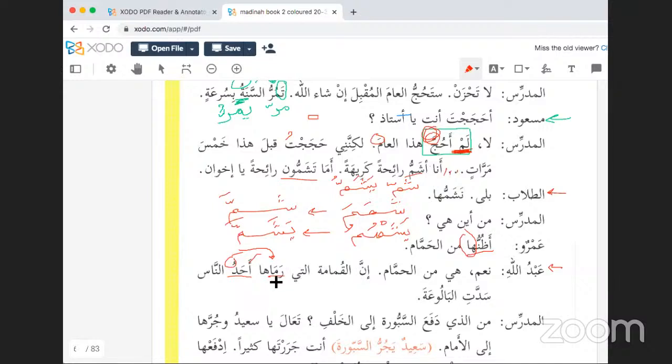And what is ها? مفعول به. Ahsanta, barak Allahu fik. رمى أحد الناس القمامة. This ضمير ها is talking about القمامة. So it's basically مفعول به في محل نصب.